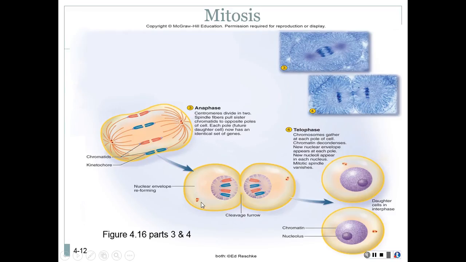You have the dissolving or disappearing of the spindle fibers. But then, of course, overlapping this phase is our cytokinesis, where they actually divide into two separate cells. That motor protein, myosin, pulls on those microfilaments of the actin in the cytoskeleton, and it creates this cleavage.